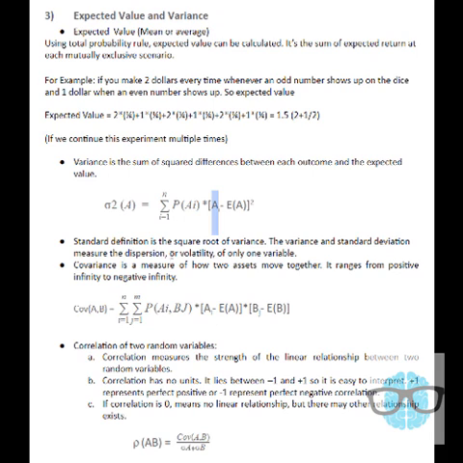The standard deviation is just the square root of the variance.